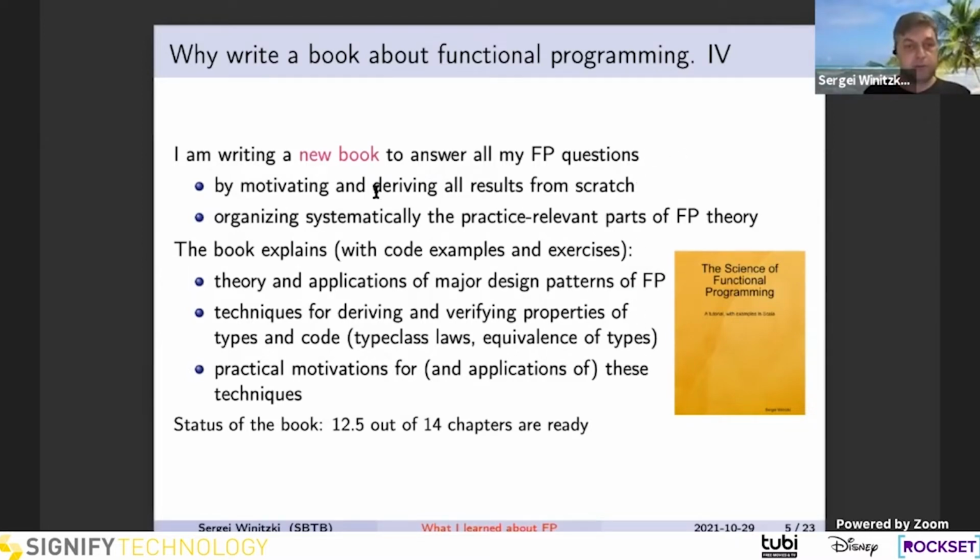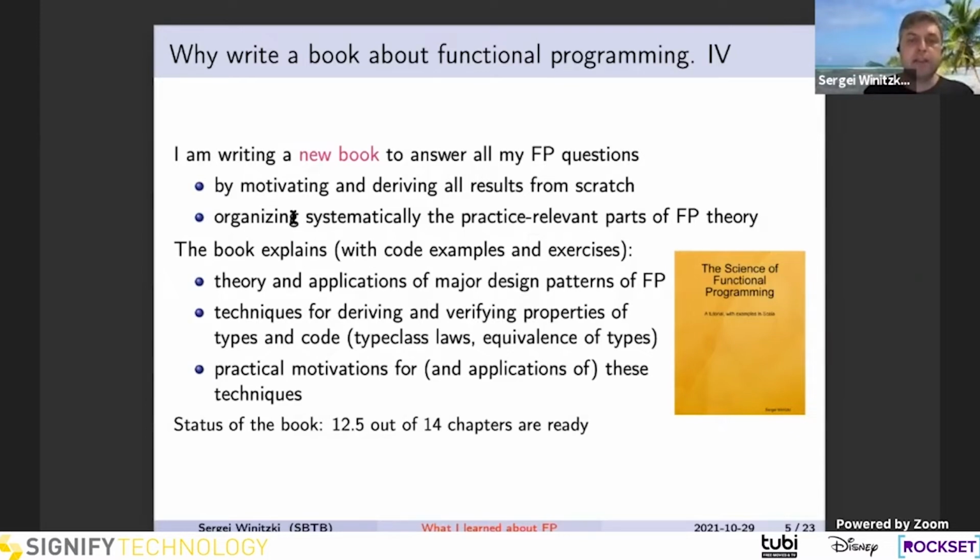So the only way to do this is to derive all results from scratch and motivate everything. So before you say a monad has to satisfy monad laws, you have to motivate why these laws are necessary. What if you don't satisfy them? Is your program going to crash or what? You have to show something like this.